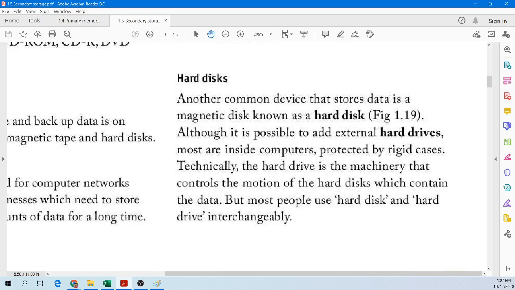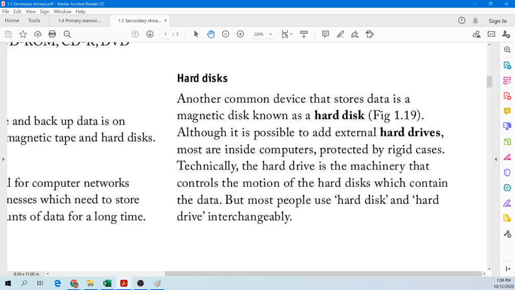Hard disk. Another common device that stores data is a magnetic disk known as a hard disk. Although it is possible to add external hard drives, most are inside computers protected by rigid cases. Technically, the hard drive is the machinery that controls the motion of the hard disk, which contains the data.